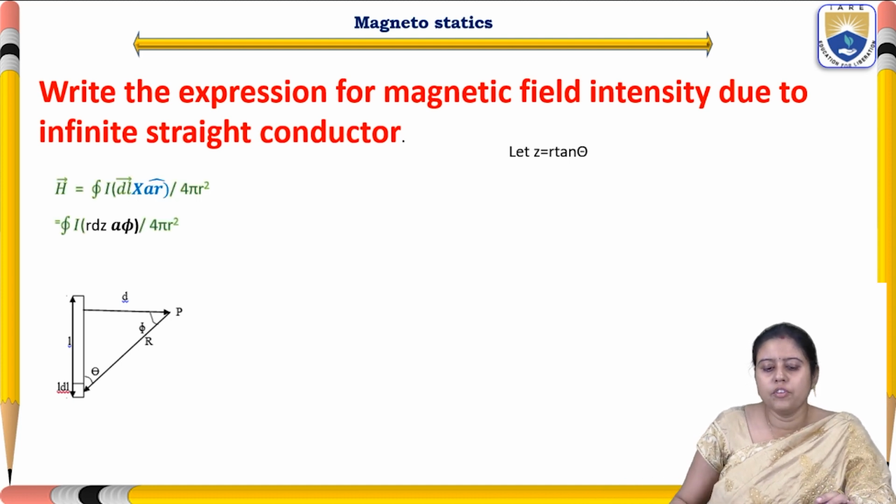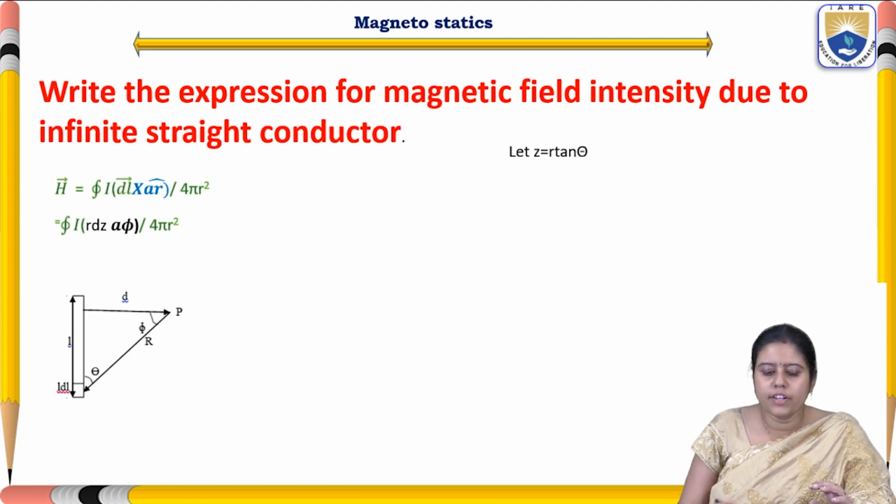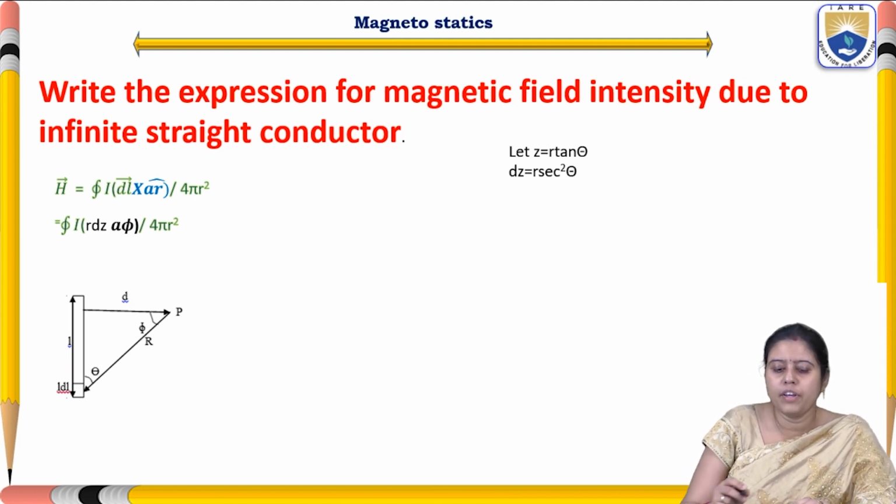Next, write the expression for magnetic field intensity due to an infinite straight conductor. For this, we know H is equal to I dL cross aR over 4 pi r square. This is a long conductor, and we have to calculate dL cross aR.